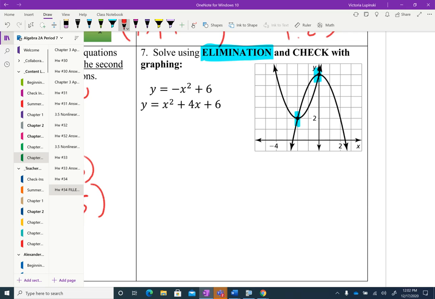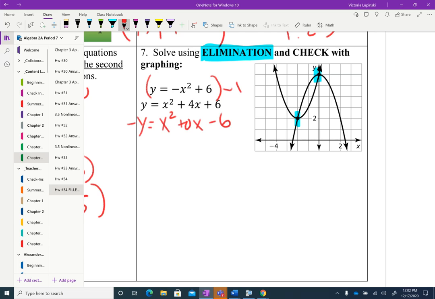So what I'm going to do is I'm going to multiply the first equation by a negative 1. That's going to turn it into a negative y, a positive x squared, a 0x placeholder, and a negative 6. So again, just to be clear, I'm going to multiply that first equation by a negative 1. That gives me a negative y, a positive x squared.